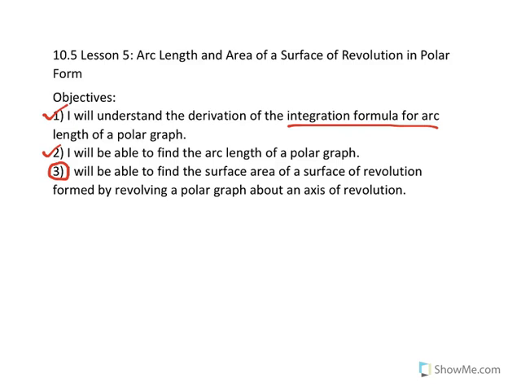And then we used the integration formula for finding the surface area of a surface of revolution in polar form to do a problem. We were able to find the surface area of a surface of revolution formed by revolving a polar graph about an axis of revolution.